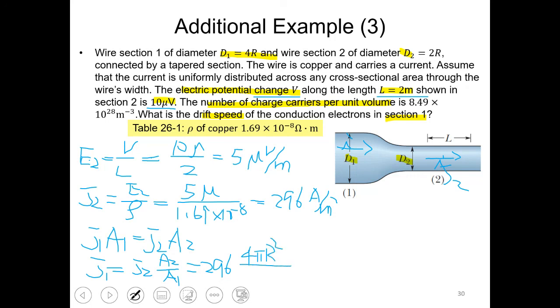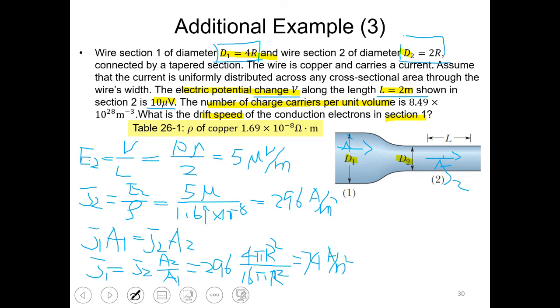And then for A1 should be pi R squared, which means it should be 16 pi R squared, because we use this one to calculate the surface area. So that J1 should be 74 A per meter squared.